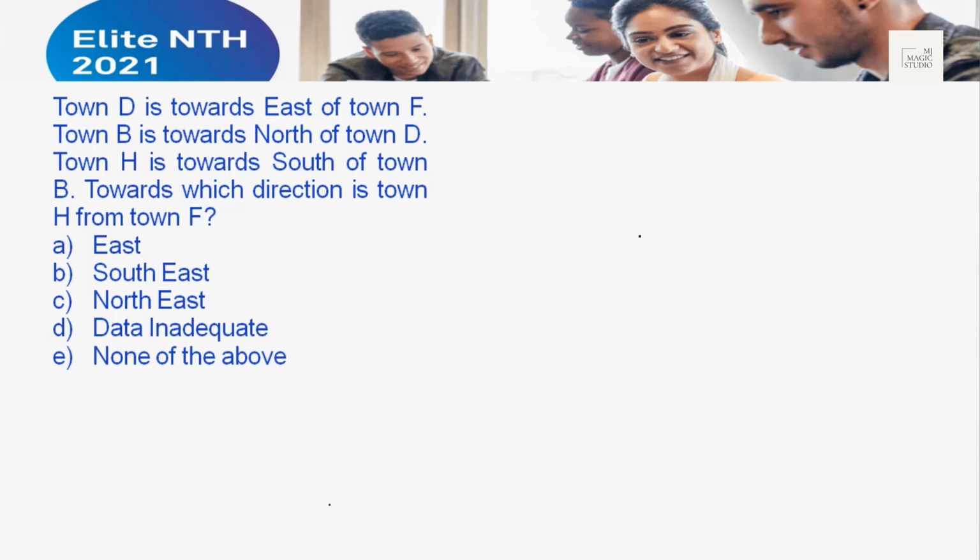Town D is towards east of town F. So we have this north, south, east, west. Town D is east of town F. F, east, this should be D. Town B is towards north of town D. B is in the north.